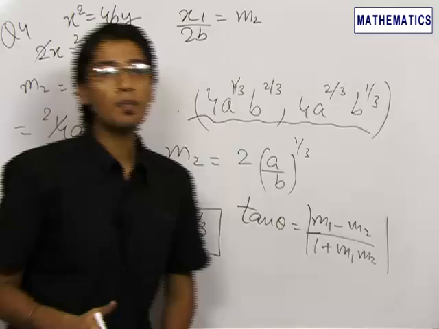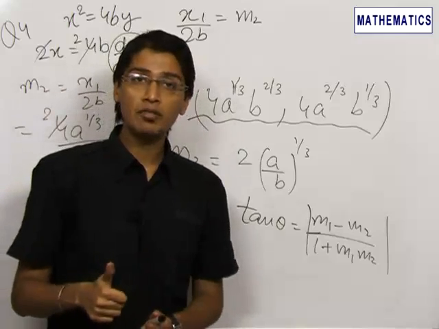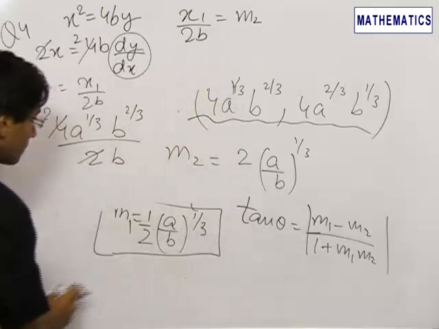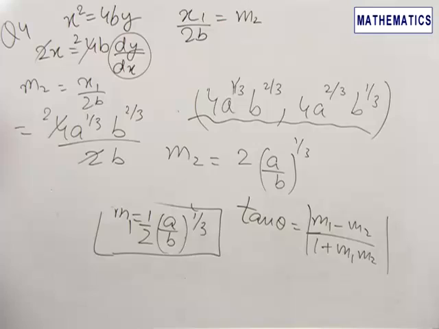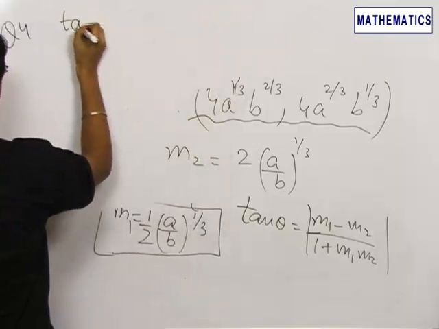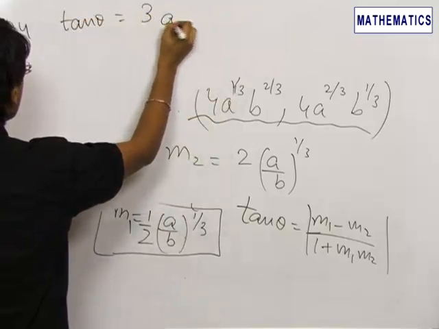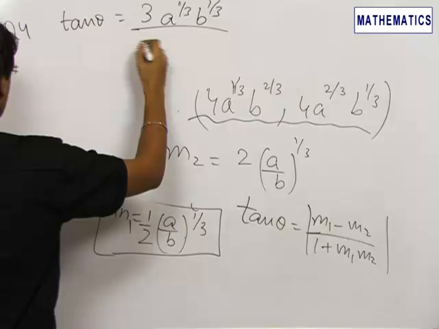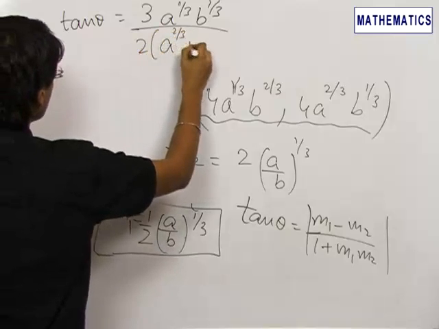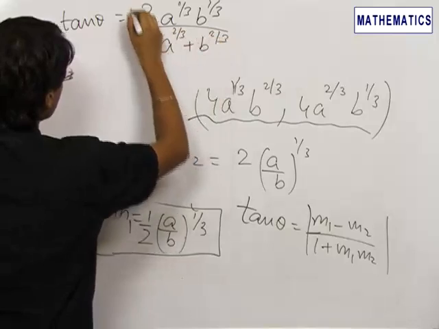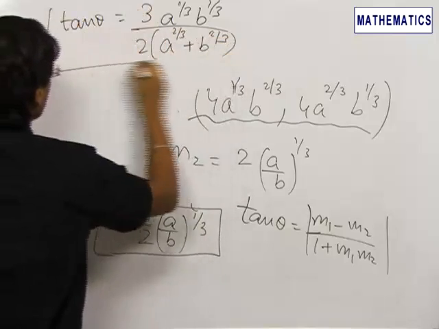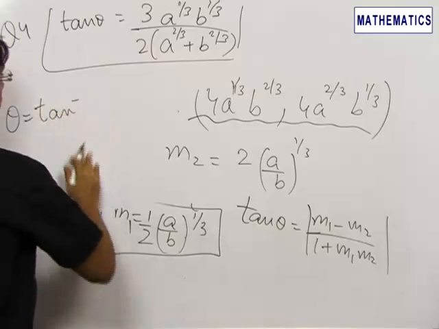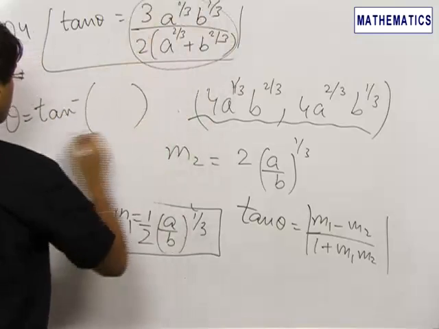Here we need to find the angle between the two tangents at the two parabolas, and hence putting the value of m1 and m2 in this formula, we'll get the value of tan theta as 3a^(1/3) b^(1/3) upon 2 times (a^(2/3) plus b^(2/3)). Hence theta will be equal to tan inverse of this thing.